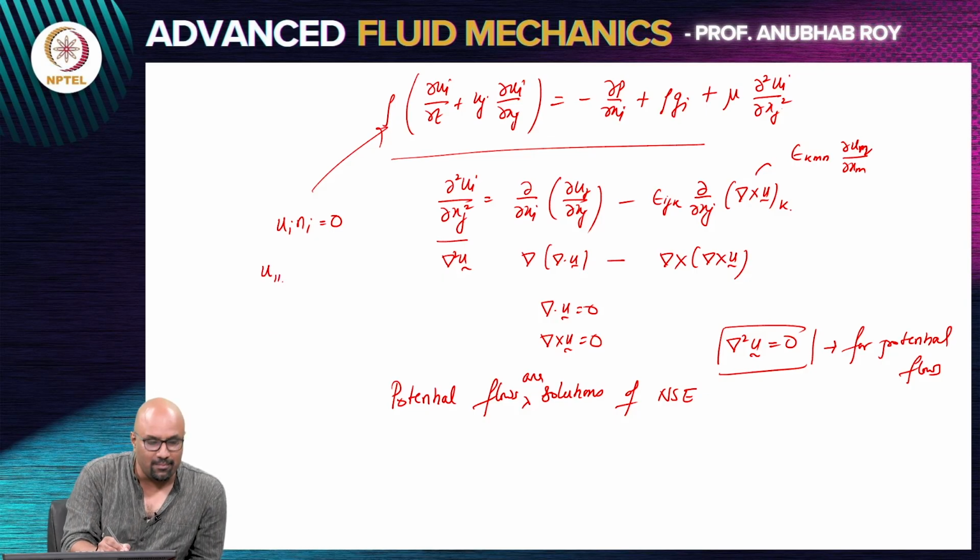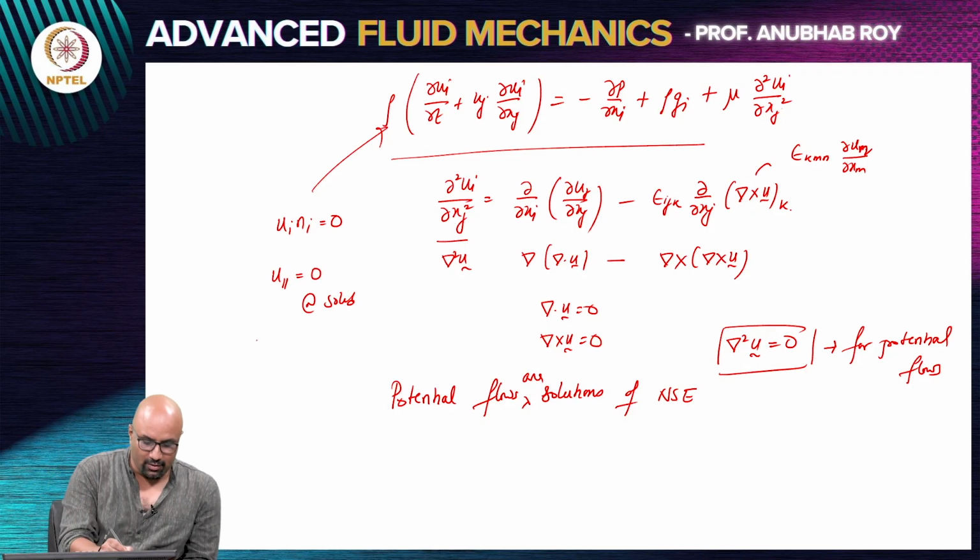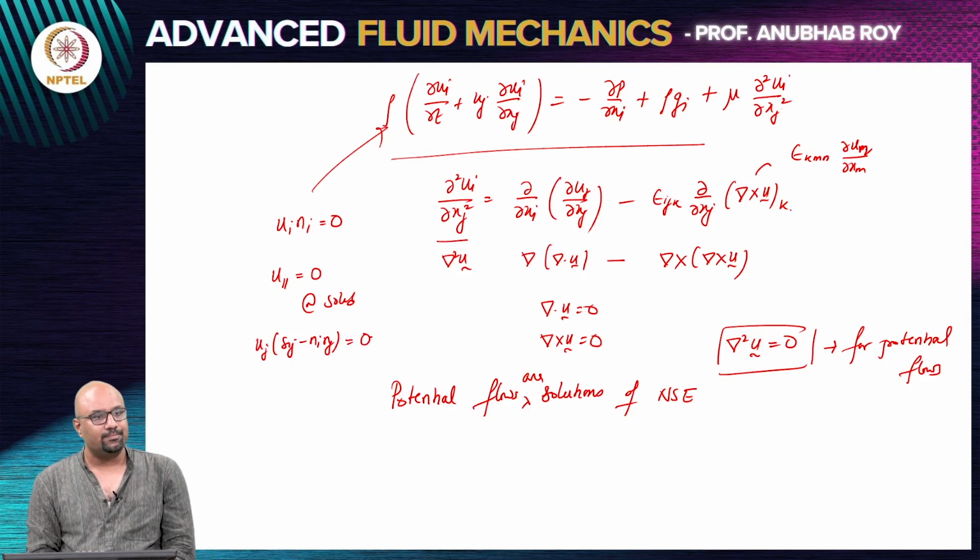So, if you write down the tangential component of the velocity, that should also be 0 on solid surfaces. If you remember, we wrote this down, right, that u_j (δ_ij − n_i n_j) should also be equal to 0.